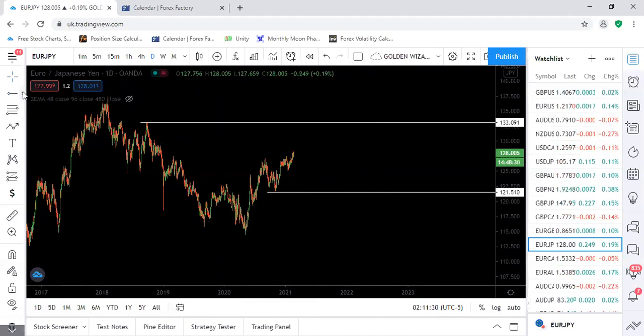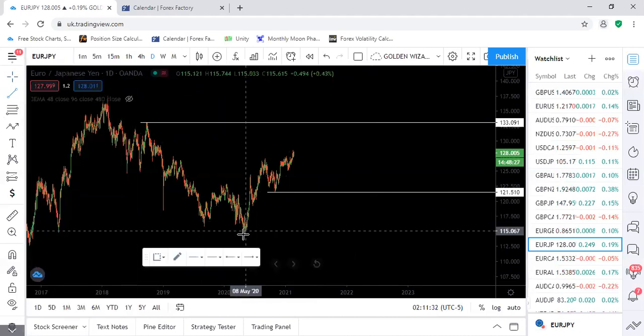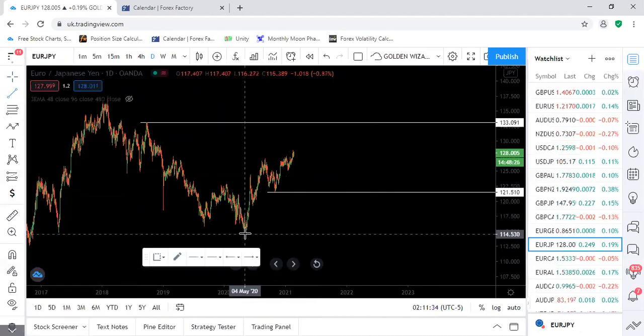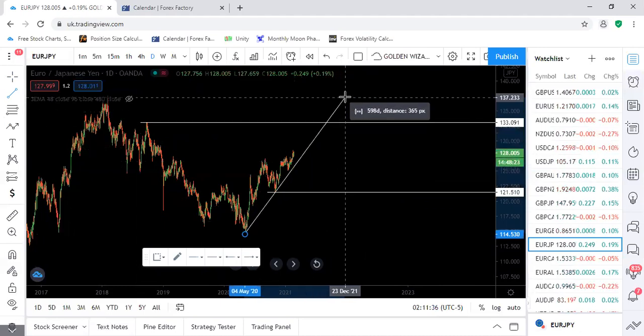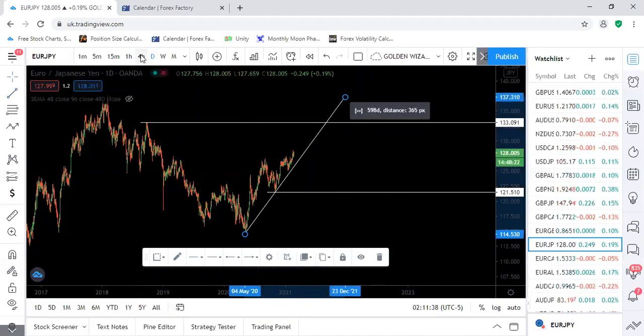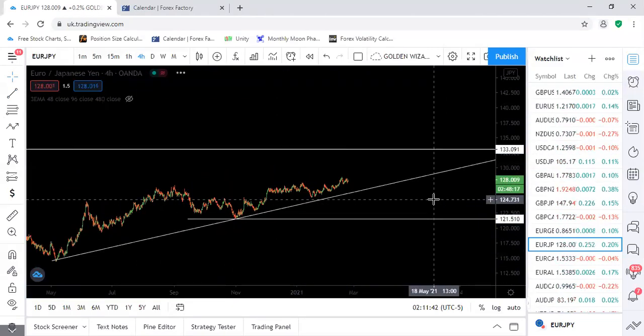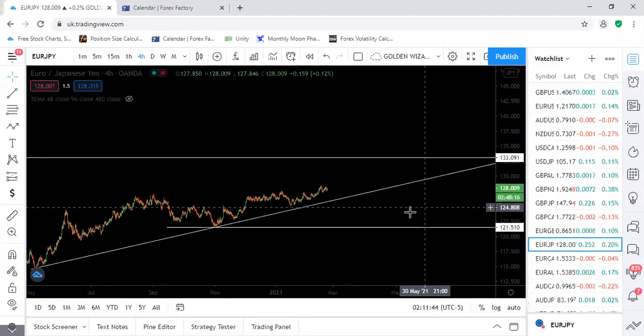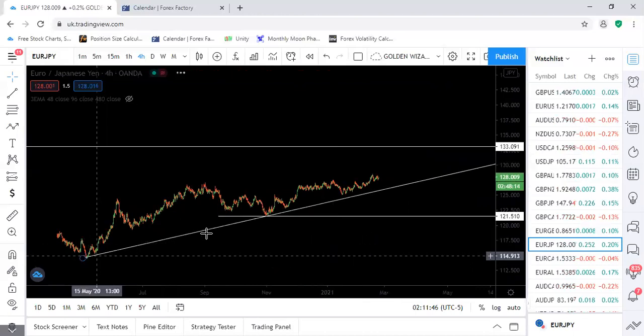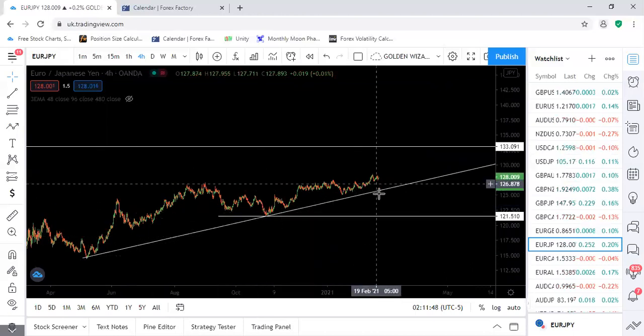So trend line here. This is the daily, so I don't know if I really need this trend line. Let's take this down to the 4 hour. And look at that like that. This trend line.